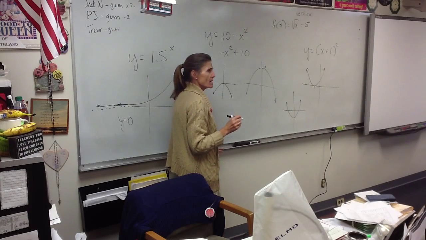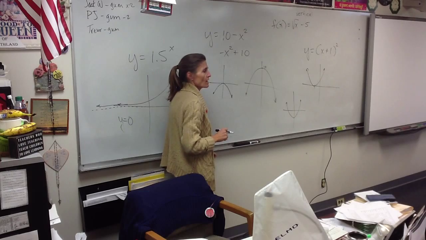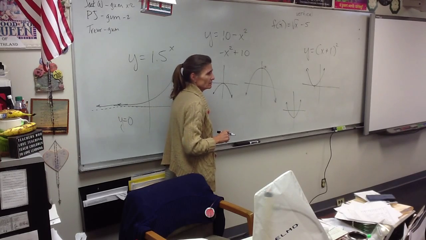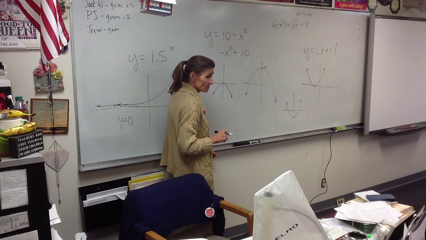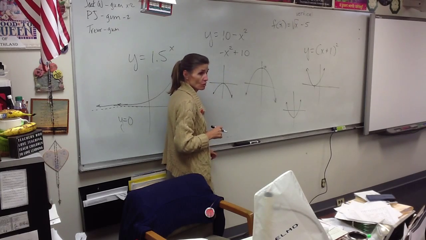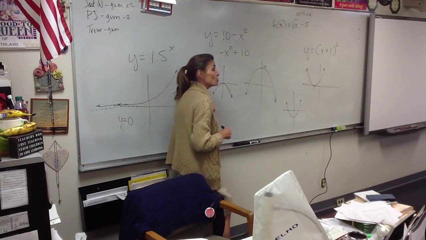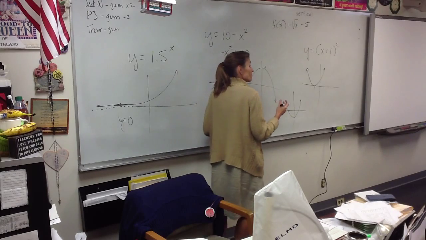Now, what's range mean? What am I looking at if I'm looking at range? Because this question said, what's the range? What am I looking at? Y values? Right? Range is y's. How high does this picture go? 10. How low does it go? Forever. So you could express your range a couple different ways.